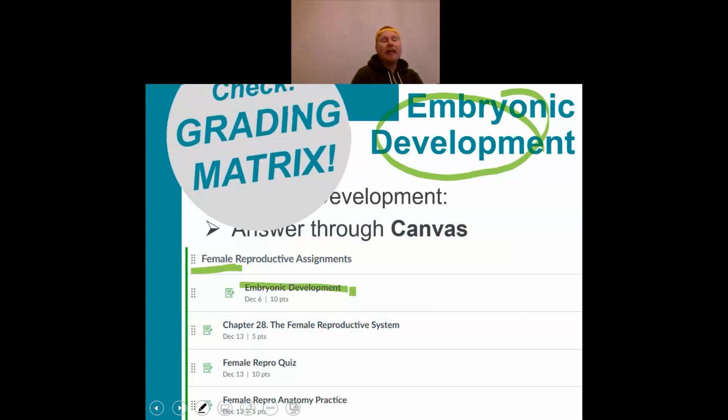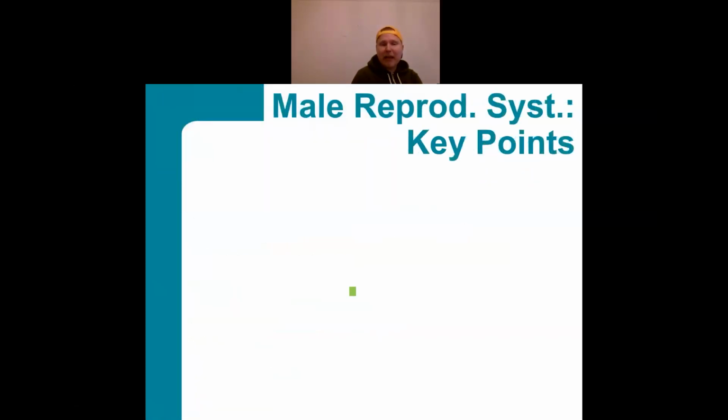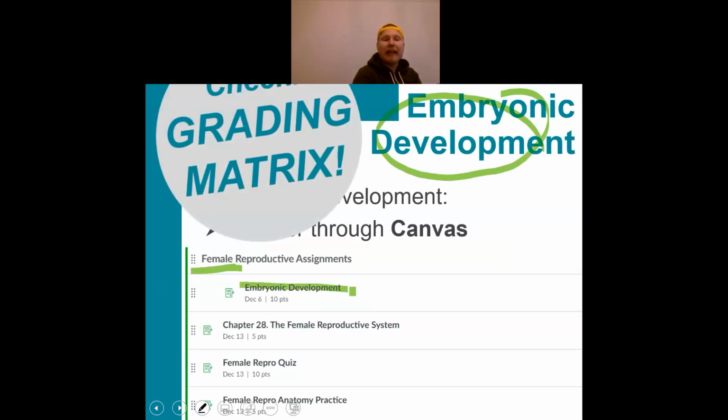Again, I encourage you to use the grading matrix. The grading matrix tells you everything you need to answer there for full marks. So make use of having basically the answers available by looking at what I'm looking for and how many points, so you excel in these.